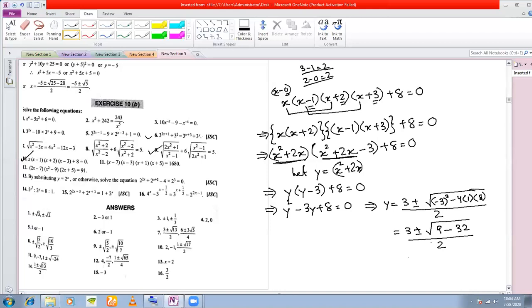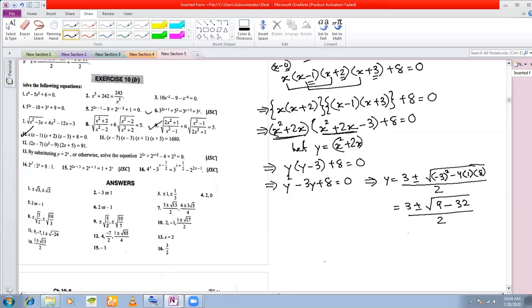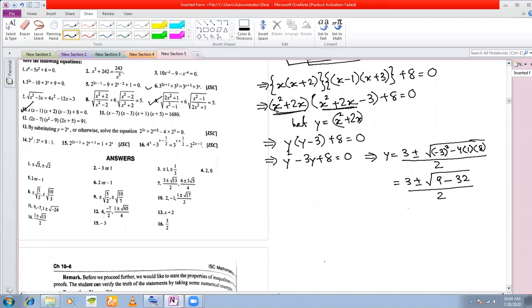But why am I getting a complex root? x square minus 3x minus x. This is minus 3. This is okay. So 9 minus 32, I don't think there's any mistake. So no problem. There shouldn't be any mistake.